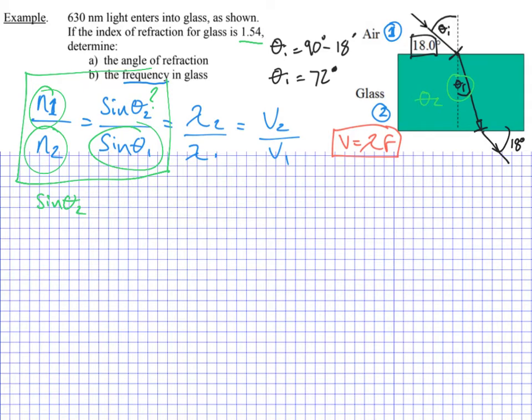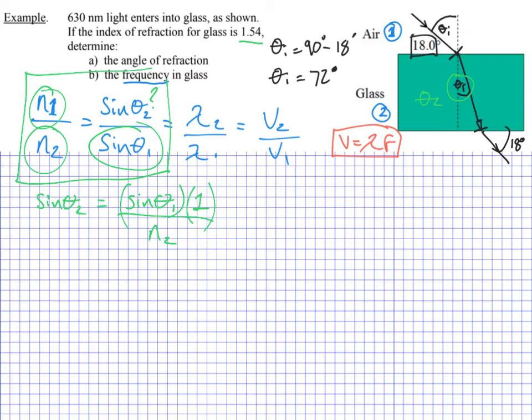So sine theta 2 is equal to, well, I'm going to say N1 is just 1. So it's just sine theta 1 multiplied by 1, which is the index of refraction of air, divided by the index of refraction of 2, which we know.